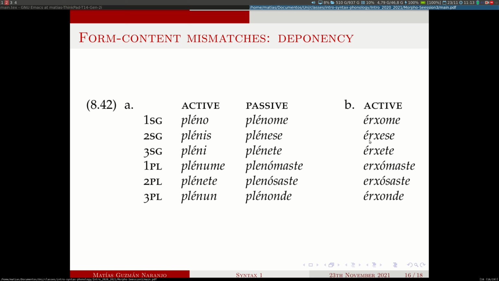So the first singular of exome looks identical to the passive of pleno. However, it is not passive, it's active. And this sort of one block substituting for a different block is what we call deponency.